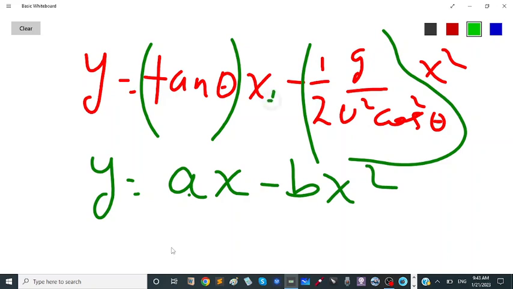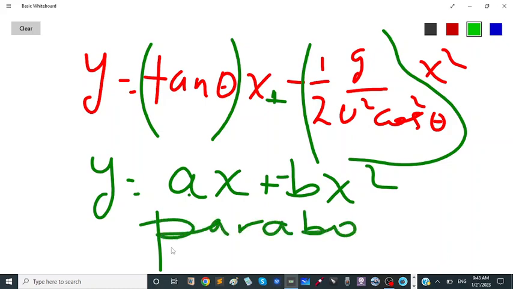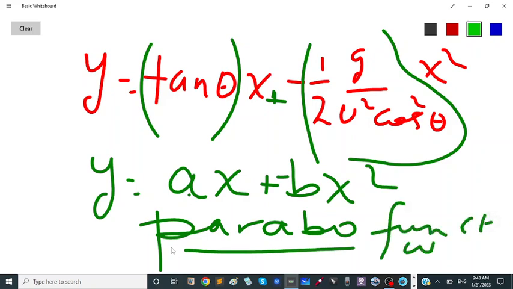This is a parabola equation, a parabolic function. So a projectile follows a parabolic function.